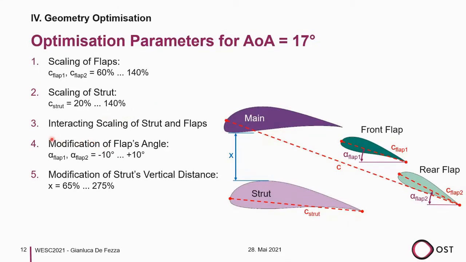And in the third place, we explored the interaction between scaling of the strut and the flaps, of course, together. And then we had some modification in the flaps angle, ranging from -10 degrees to +10 degrees. And we also modified the vertical distance to the main airfoil from 65% to 275%.